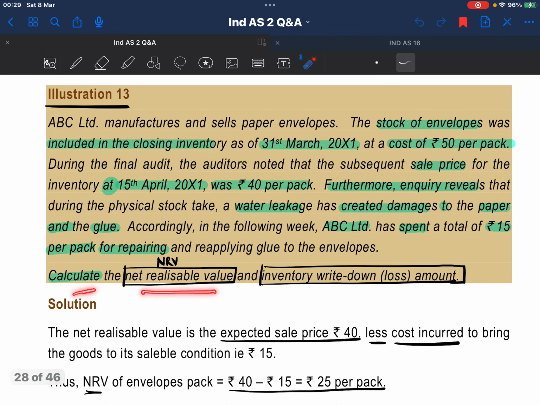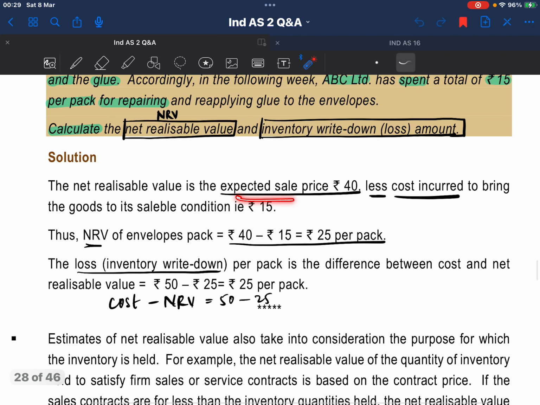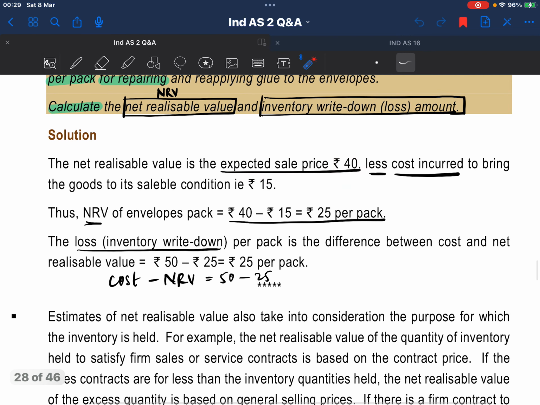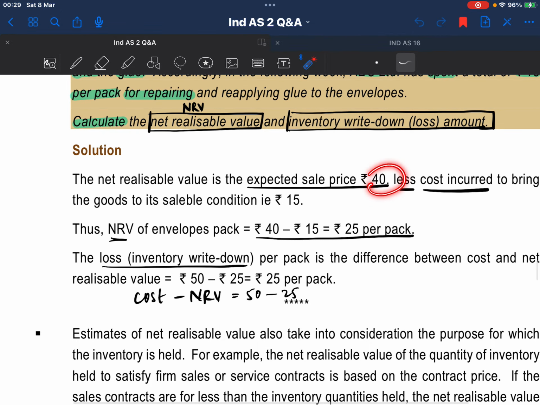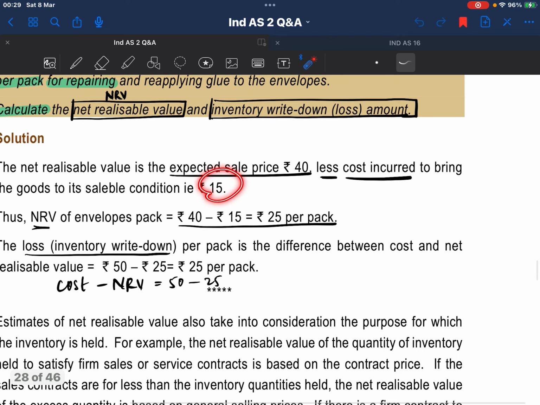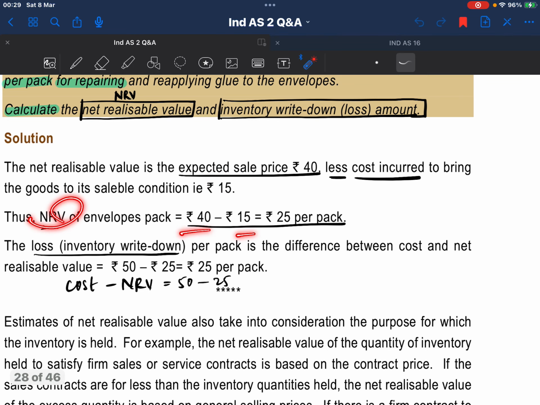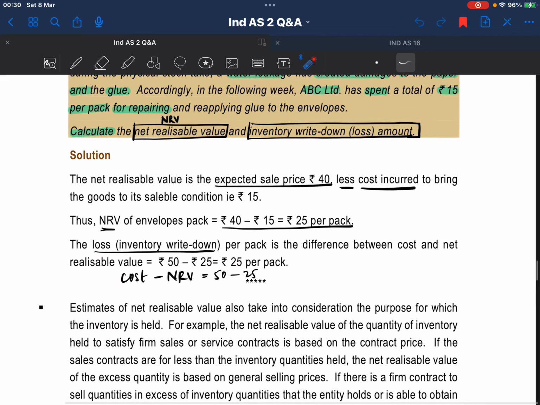Calculate net realizable value and inventory write-down loss amount. Expected sale price is ₹40 less cost incurred of ₹15. NRV is 40 minus 15, which is 25 per pack. Inventory write-down loss is cost minus NRV, which is 50 minus 25, which gives 25 per pack.